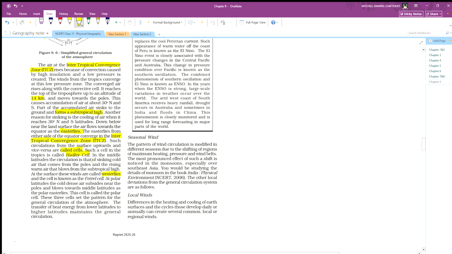Surface air that flows toward the equator is the easterlies. The warm air that blows from the subtropical highs forms the westerlies, and the cell is known as the Ferrel cell.